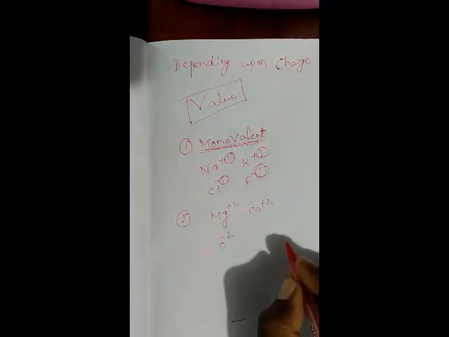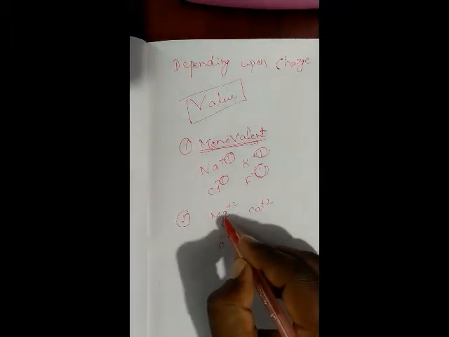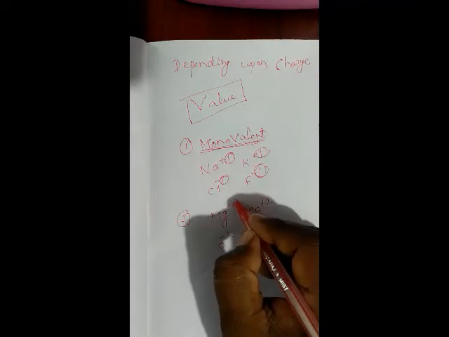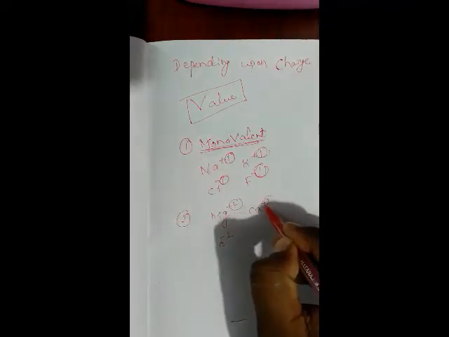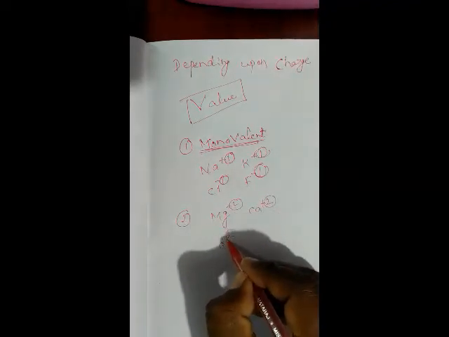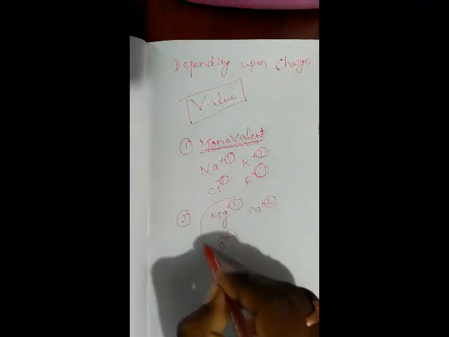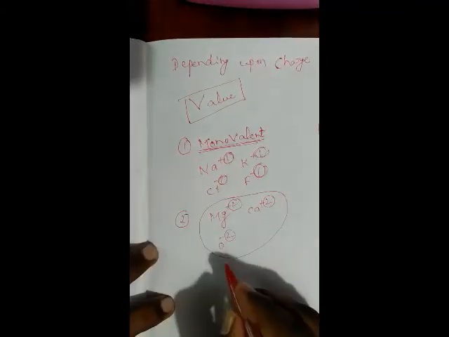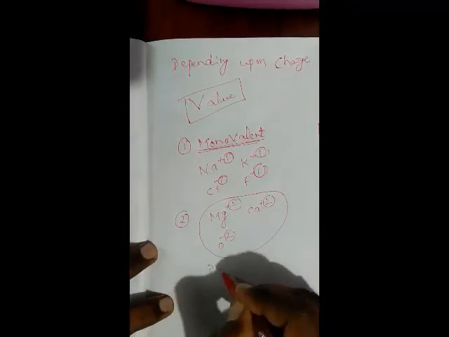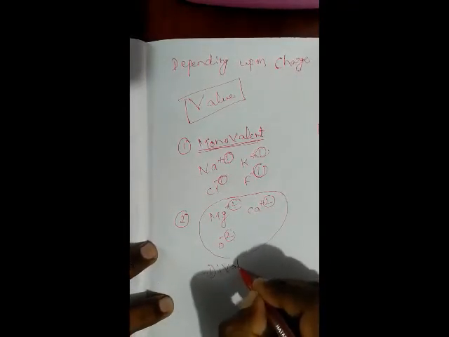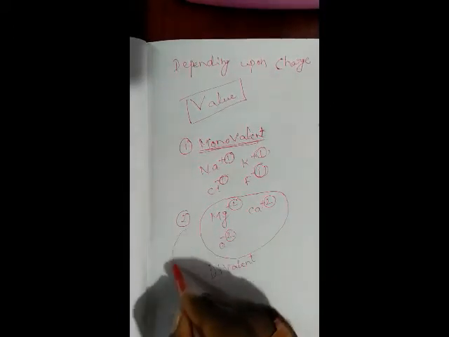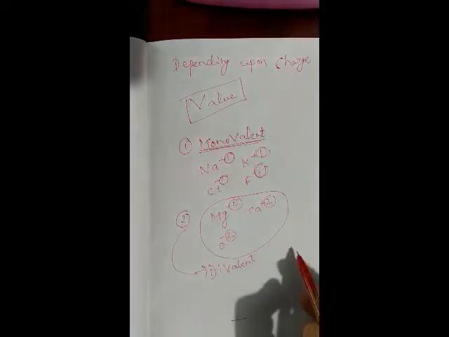See here, the charge value is 2 for each ion. So the radicals whose charge value is 2 are known as divalent. So the second type is divalent.